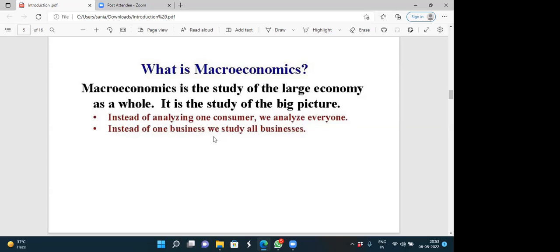Instead of one business, we study all businesses. It's not what I am doing or what Muhammad is doing, it's about what everyone is doing. This is the concept of macroeconomics. It deals with the bigger image, and instead of analyzing things on an individual basis, we analyze things for everyone, as an aggregate.